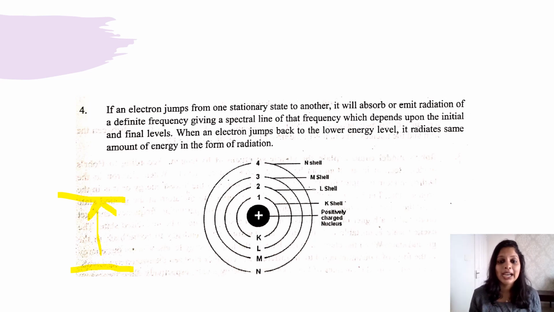That spectral line depends on certain factors like the initial level and the final level. And when the electron that jumped into the upper state comes back to the lower state, it also radiates the same amount of energy in the form of radiation. So this is his fourth postulate. It is about how you are able to observe spectral lines in a particular atomic spectrum. So these are the postulates of the Bohr model.